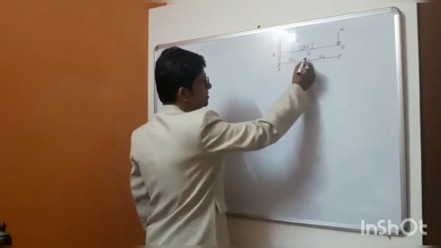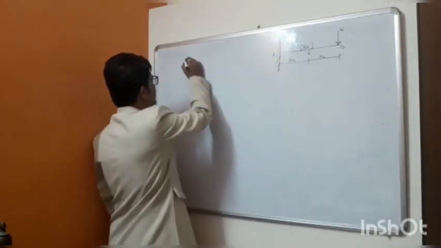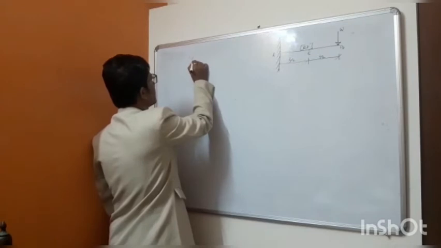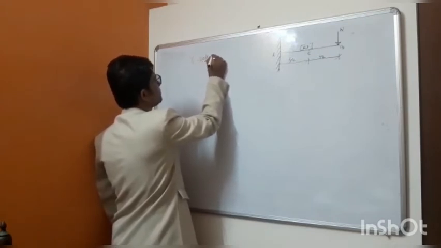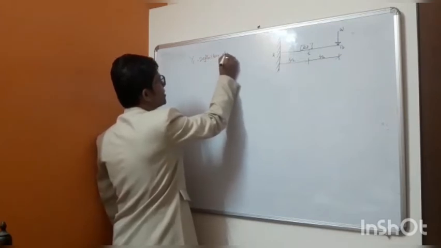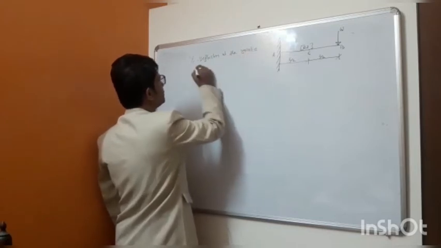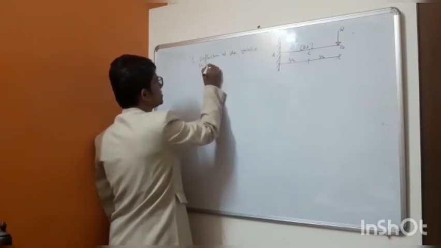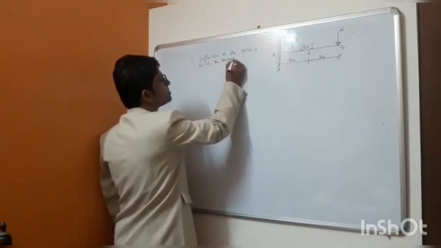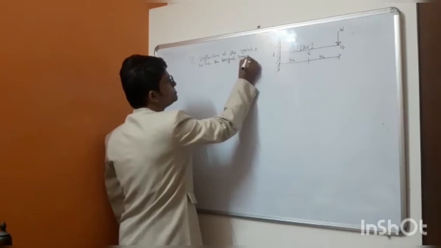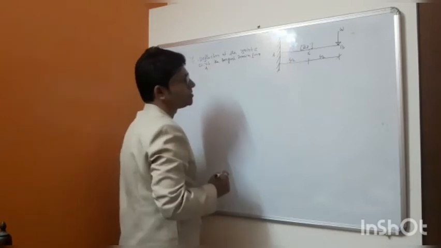So we are to find a deflection at the point C with respect to the tangent drawn from the point A. We are to find the deflection YC, that is deflection at the point C, with respect to the tangent drawn from A by area moment theorem.